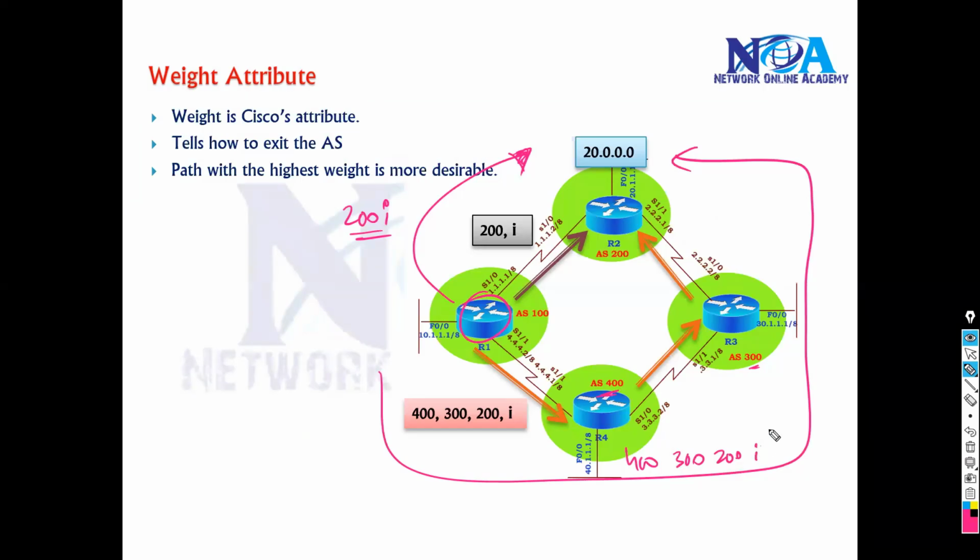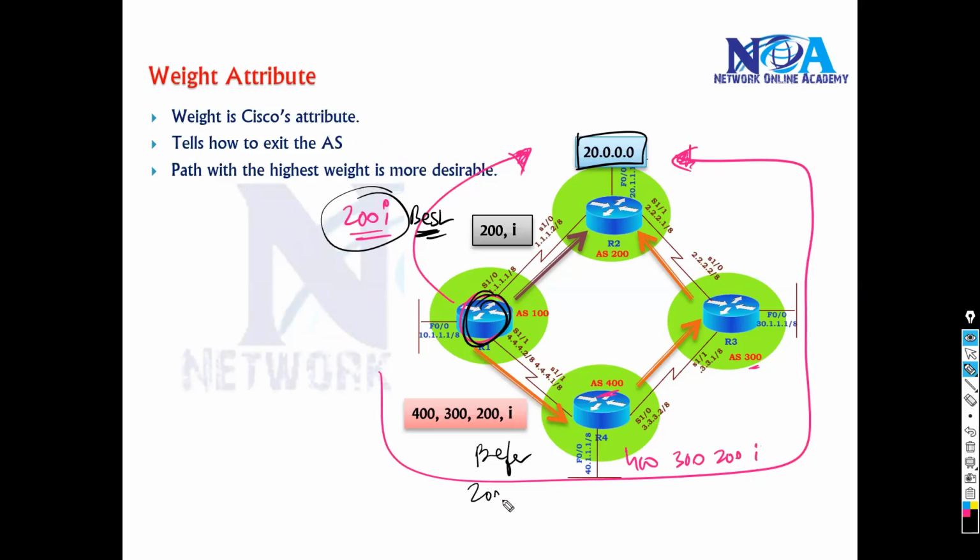I is the origin code. By default, the best route is decided based on the shortest AS path. This will be the default best route, which means from router 1, by default, to reach this network, it uses this route.